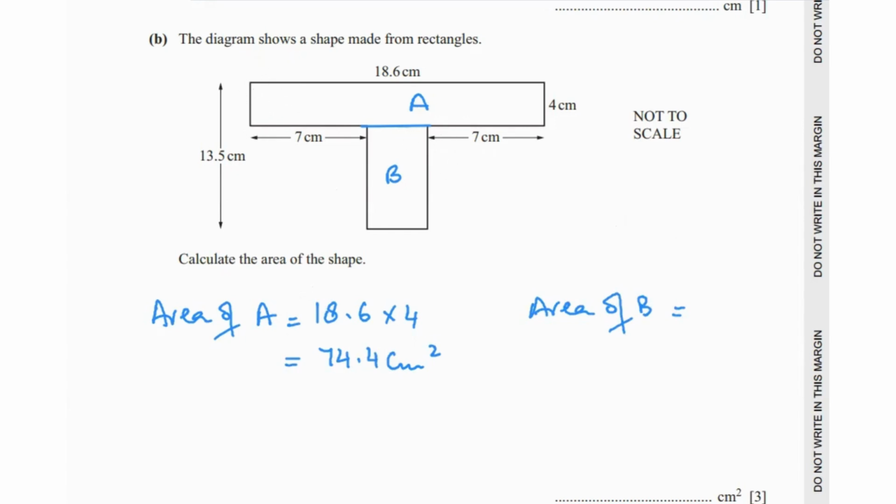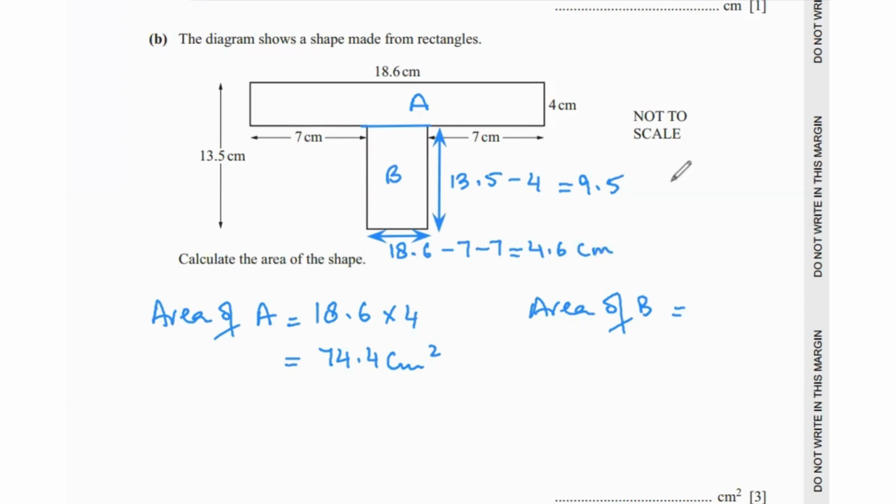And then area of B, now we know that this entire length is 13.5. So for this part, we can do 13.5 minus 4, which equals 9.5. Similarly, for this, we know that the entire length is 18.6. So if we subtract this 14 from 18.6, that gives us 4.6.